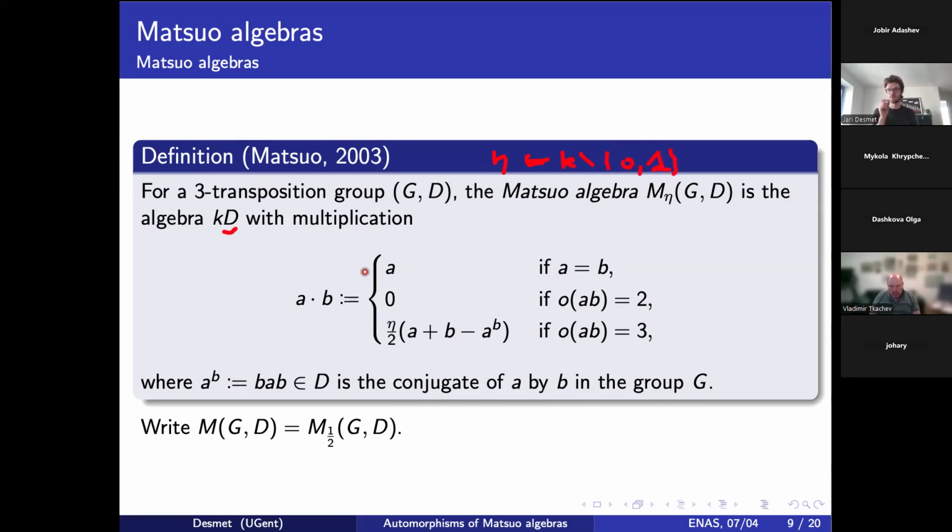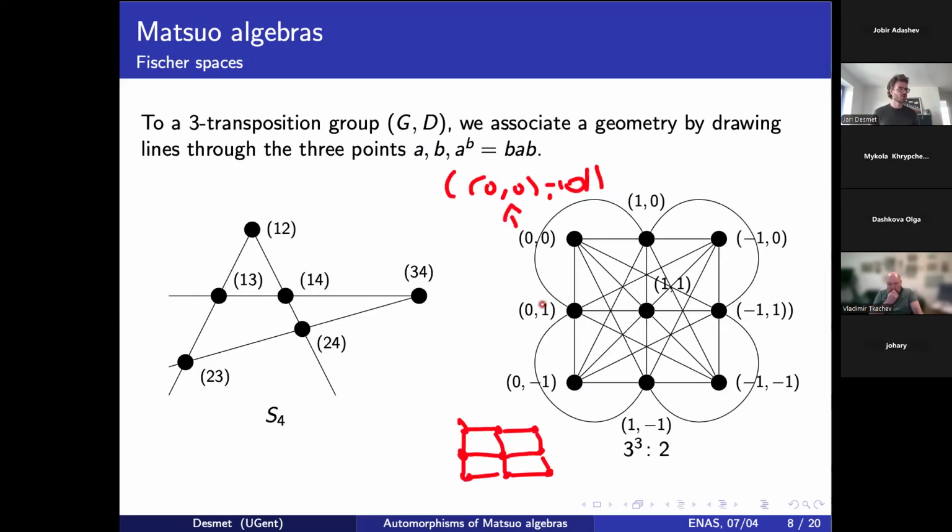So the basis elements are precisely indexed by elements of D. And I require that each basis element is an idempotent, that whenever 2 transpositions commute, their product is 0. And whenever the order of the product of these 2 transpositions is 3, then I have this weird linear combination of the 3 elements, where essentially it only uses the 3 points on the line here.